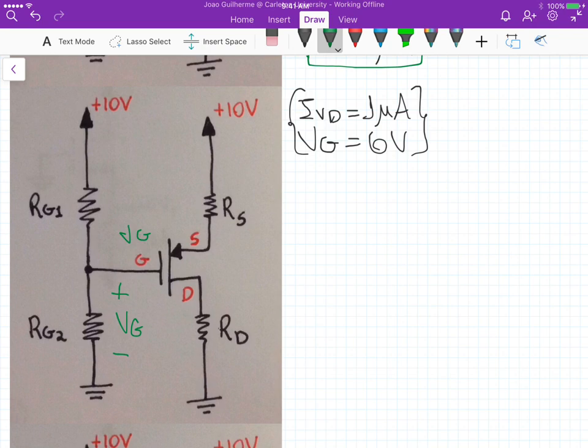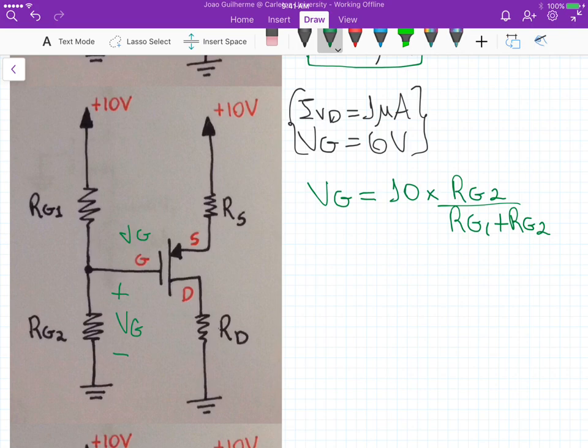And the voltage across RG2 can be calculated as VG equals 10 volts times RG2 divided by RG1 plus RG2. So that's the 6 volts that we want to have.